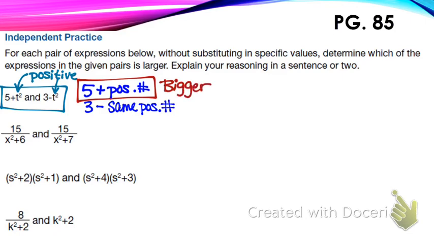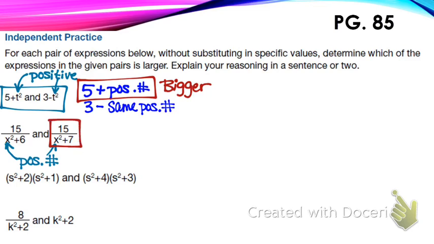Down below, I have 15 over x squared plus 6 and 15 over x squared plus 7. Tell me what type of number x squared has to be. Positive. So which expression would have to be bigger? The second one. Why? 7 is 1 more than 6.